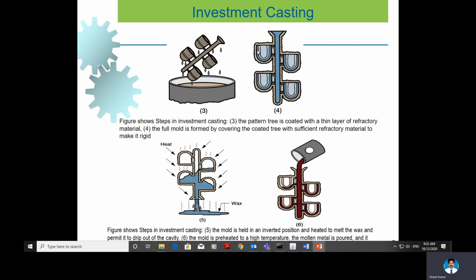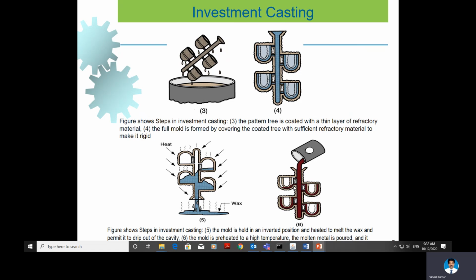When we heat it, the wax will melt and drip out of the cavity. The mold is preheated, so you will have only the mold, which is a refractory material. The mold is preheated to high temperature to increase its strength, etc. Then molten metal is poured into it to get the required shape.